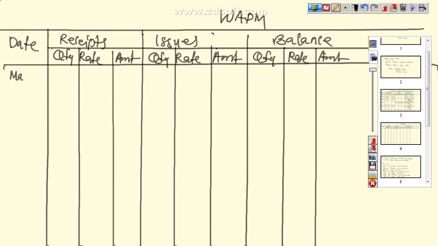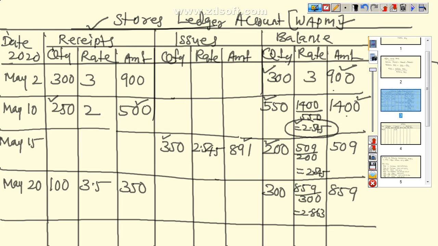May 25, 250 units. So under weighted average price method, there is no first price, there is no last price. We have to take the rate which is immediately before the issue. So the rate immediately before is 2.863.